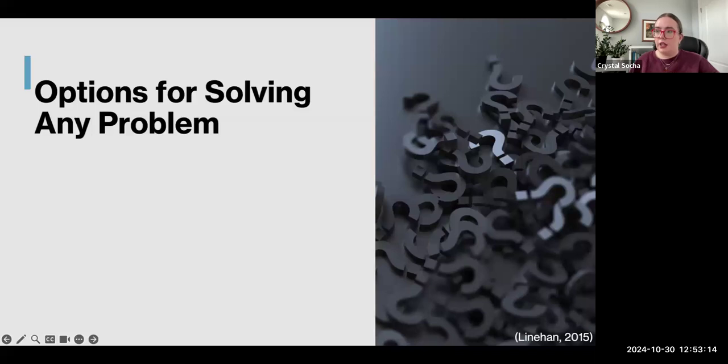What are some options to solve a problem? Write it out, brainstorm, gather facts.